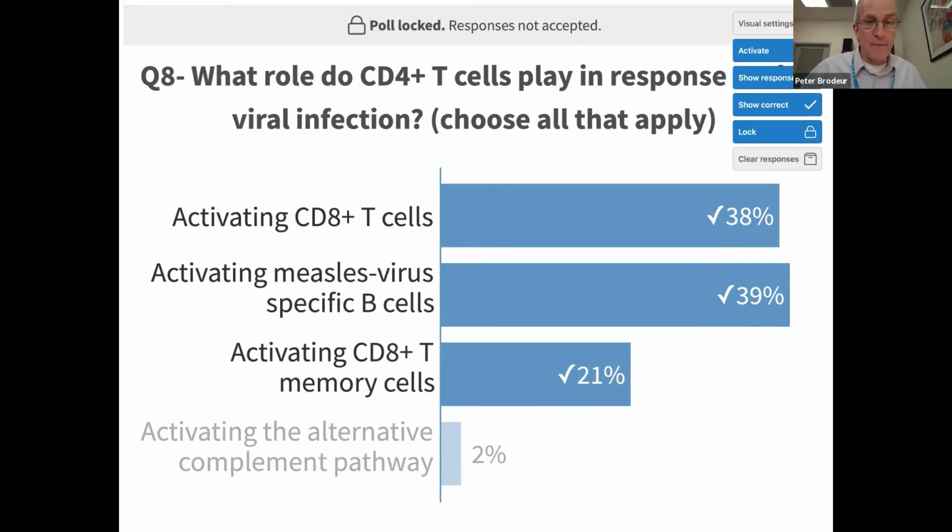We may not have told you that explicitly, but activating CD8 positive T cells that are memory cells also requires CD4 T cell help. Activating the alternative complement pathway, which is a part of the innate immune system, does not have anything to do with CD4 cells. A patient with HIV/AIDS who has very low or no CD4 positive T cells, the alternative complement pathway and the lectin complement pathway in those individuals is fine.